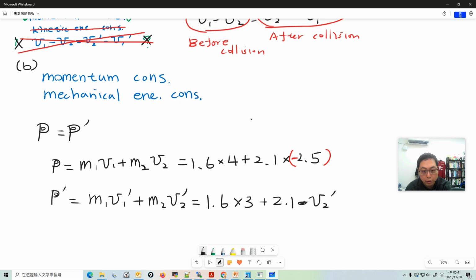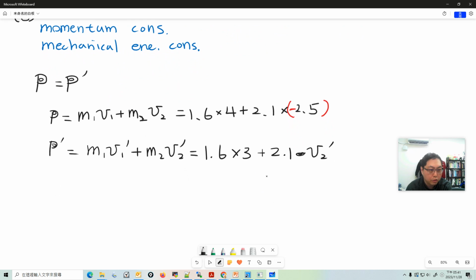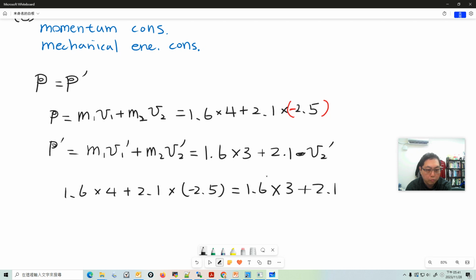V2 prime we don't know. So using total momentum conservation, 1.6 times 4 plus 2.5 times minus 2.5 equals 1.6 times 3 plus 2.5 times V2 prime. So we can get V2 prime. Use your calculator and calculate it yourself. I don't have to show the detail again. What's the value?